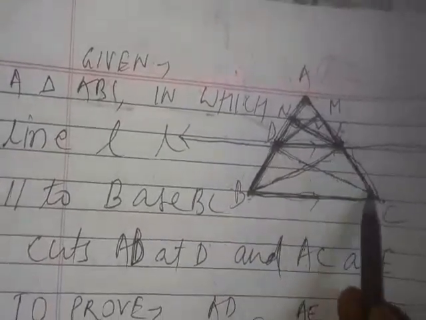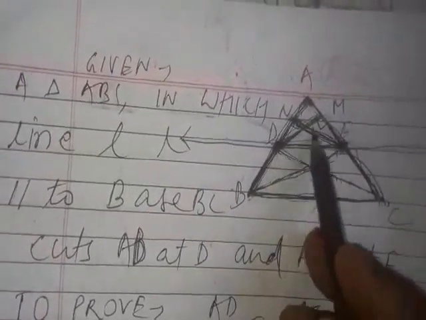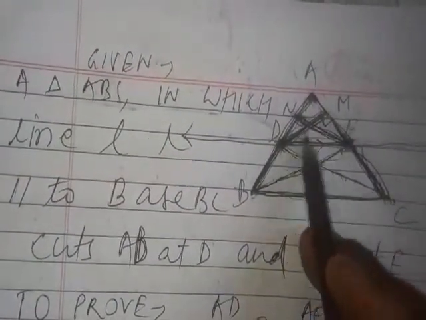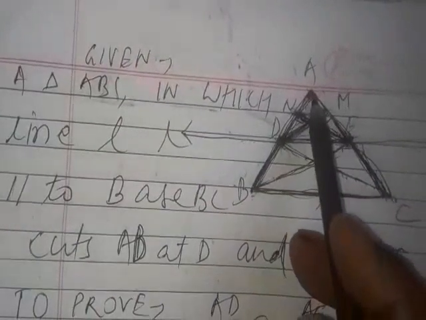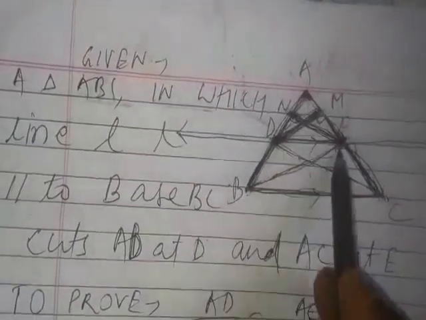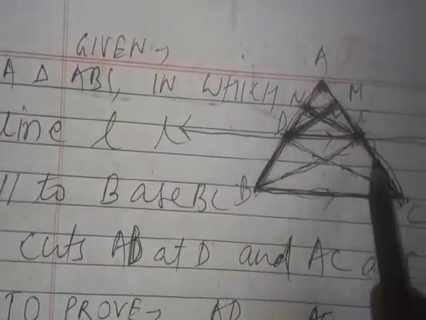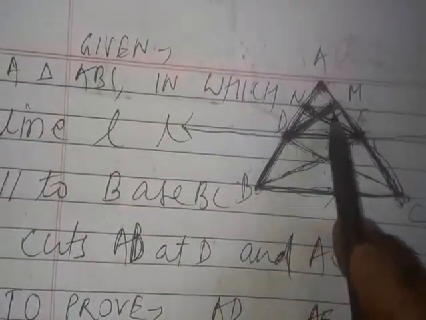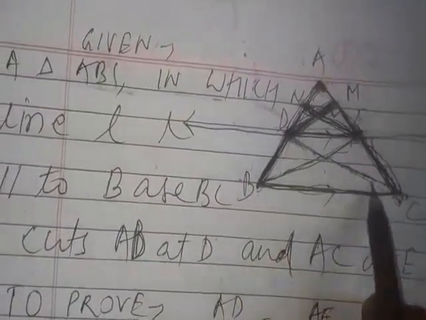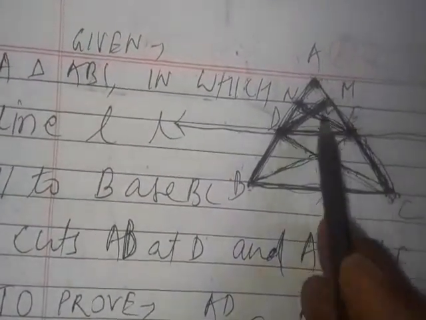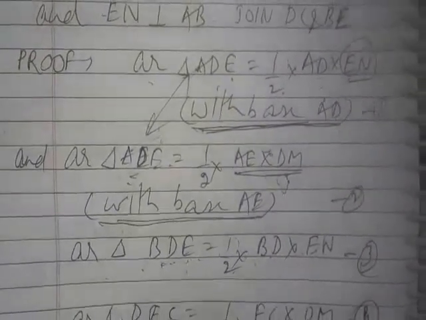DM is the corresponding altitude, because DM is the altitude for all three line segments AE, AC and EC. So the three triangles ADE, ADC and EDC all have the common altitude DM. So the area of triangle DEC is equal to half EC into DM.